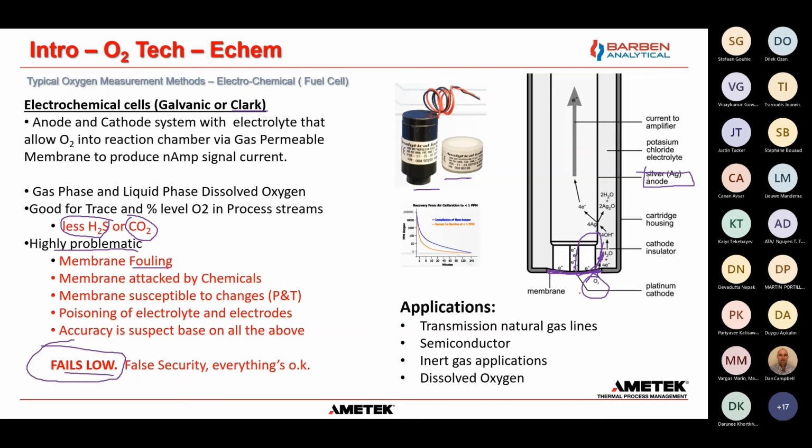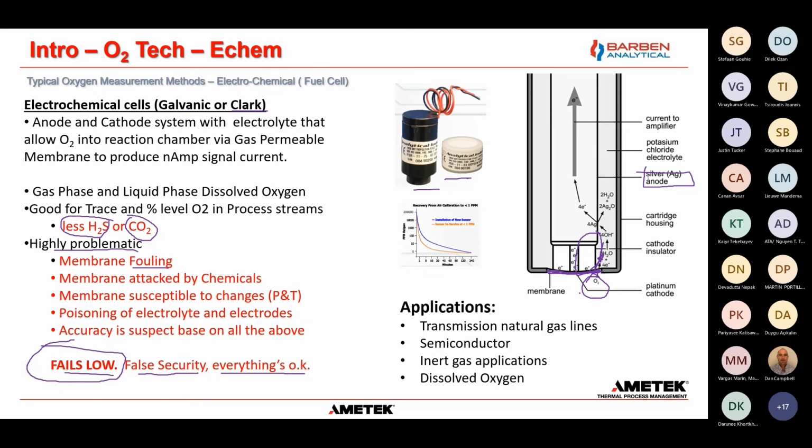And so if your measuring device tends to fail and drift low, then it will give you a false sense of security that everything's okay and you don't see what your problem is until you have bad product or you have corroded pipe works, which could be some major assets worth tens of millions of dollars.